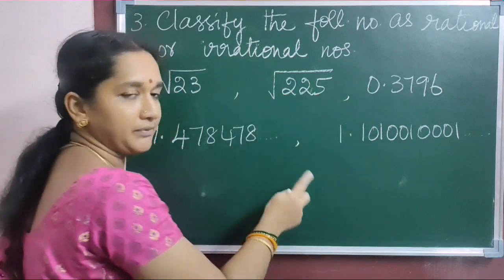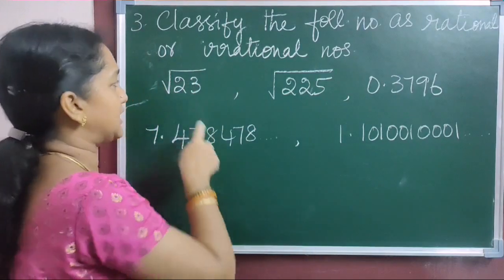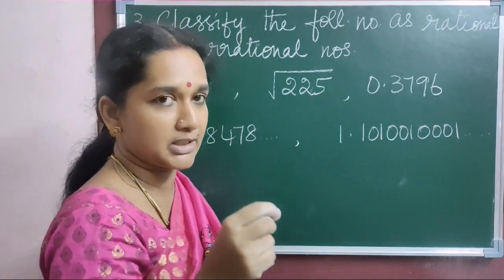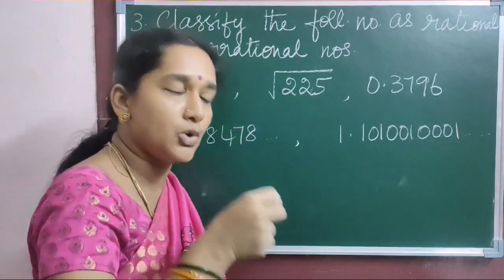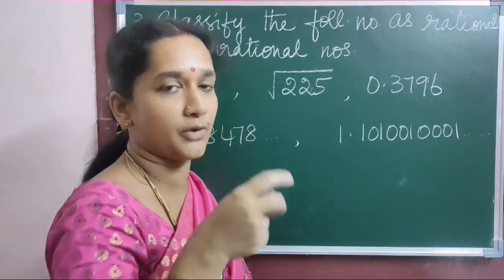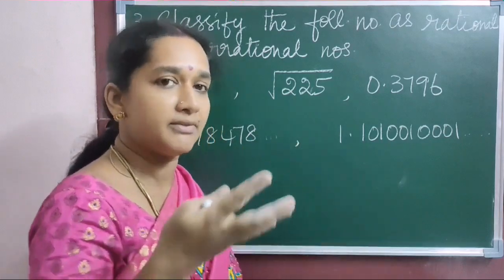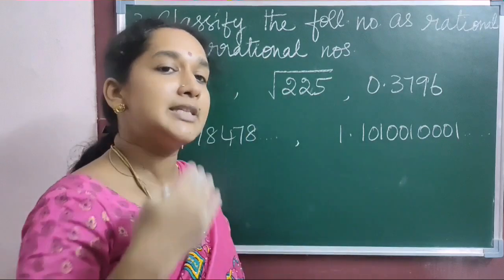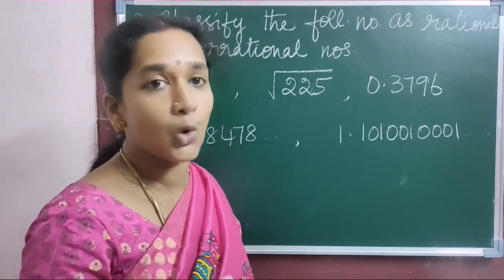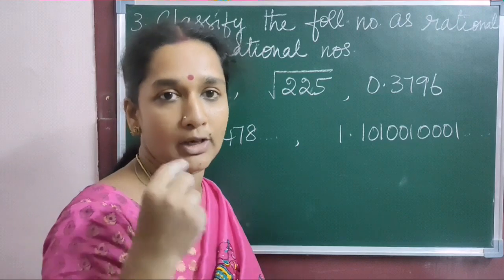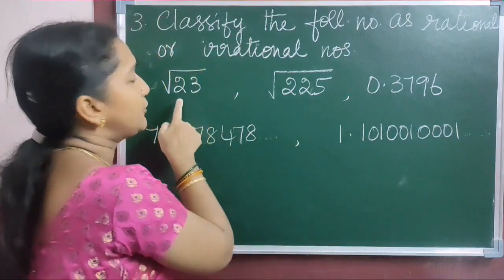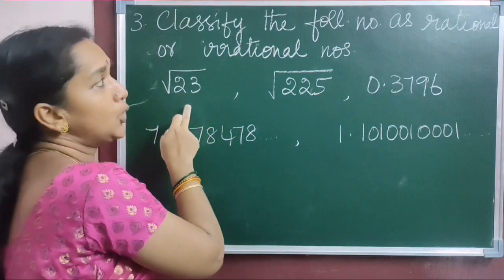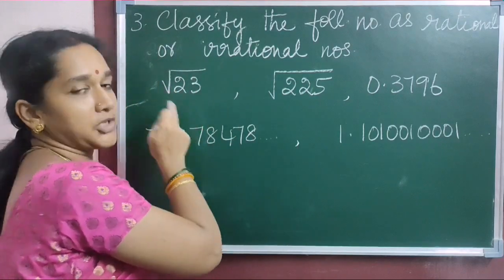I have given 5 numbers. Root 23. If you take square numbers like 25, 16, 225 and find their square roots, they can be simplified into whole numbers. But root 23 is not a square number, so it is an irrational number.